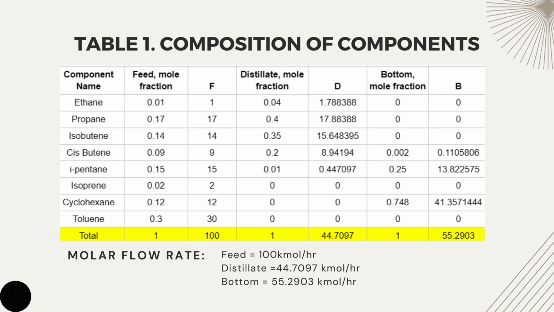Then using the material balance equation for the light key component, we obtain the distillate flow rate. Continuing, we use the overall material balance equation to obtain the bottom flow rate, which is 55.2903 kilomoles per hour. Once we get the flow rates, we can proceed in getting the bottom composition of each given component by using the material balance for the specific components.